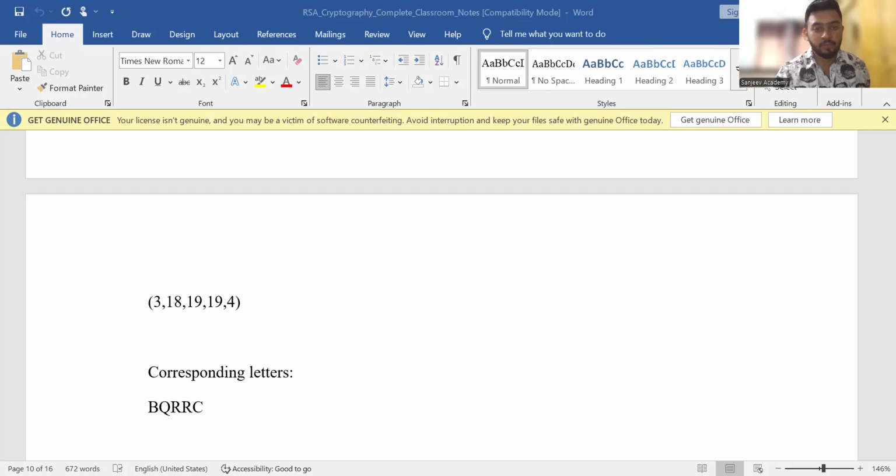The alphabet Q. Q comes 17, so 17 plus 1 is 18. Encrypt is L. L is nothing but, let me see whether I'm recording it or not. Yeah, I'm recording it. So L is 13.